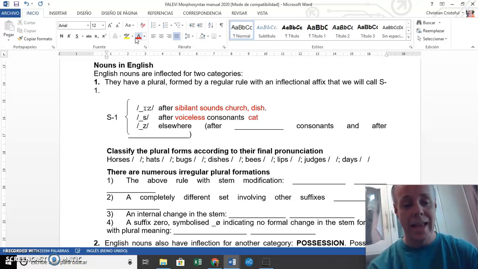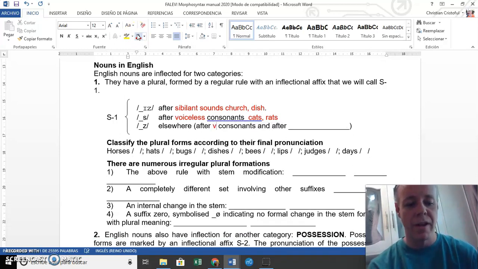Cat, cats. Rat, rats. Like this. And z after, yes, you are right, voiced consonants. And after, what else apart from voiced consonants? Yes, you are right, vowels.